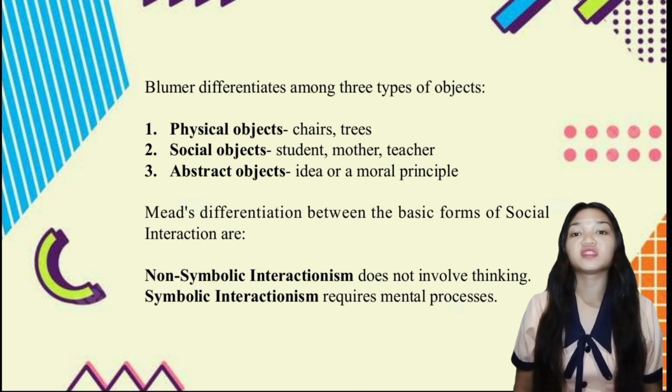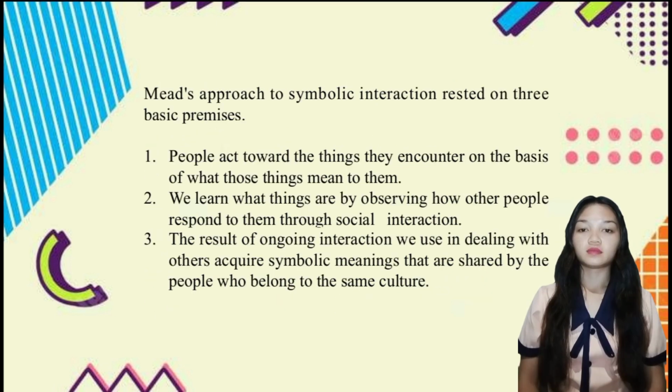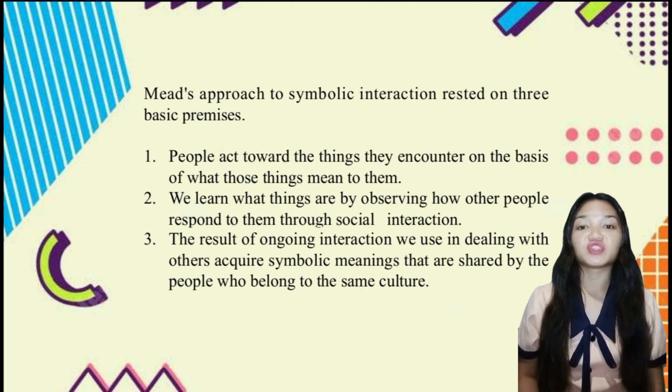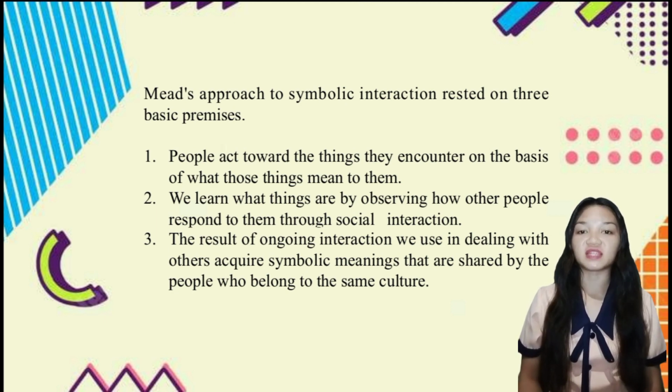So Mead's differentiation between the basic forms of social interaction are: non-symbolic interaction does not involve thinking, and symbolic interaction requires mental processes. Mead's approach to symbolic interaction rested on three basic premises.